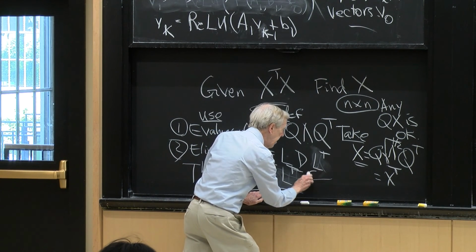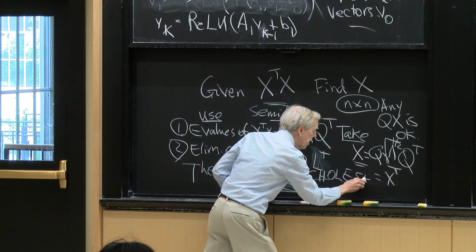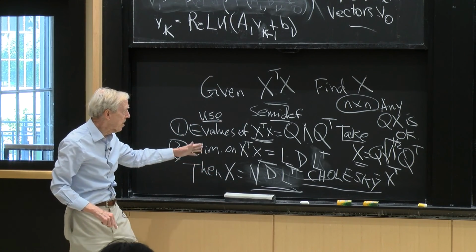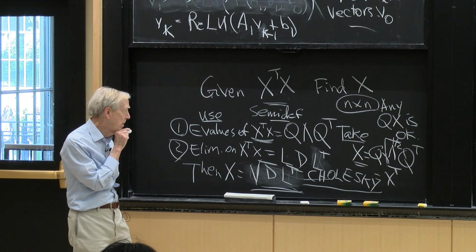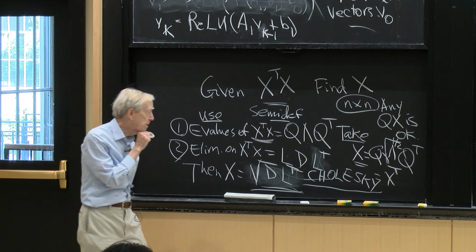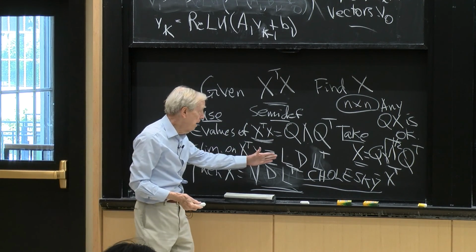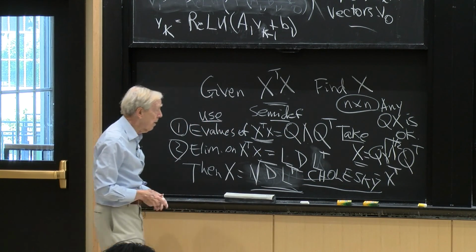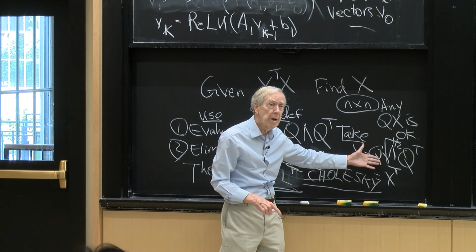This is my last word for today, the Cholesky factorization, named after a French soldier actually. So LDL transpose is Cholesky, and that's easy to compute, much faster than the eigenvalue square root. But this square root is triangular, and that square root is symmetric.